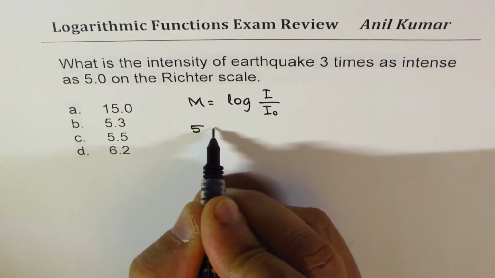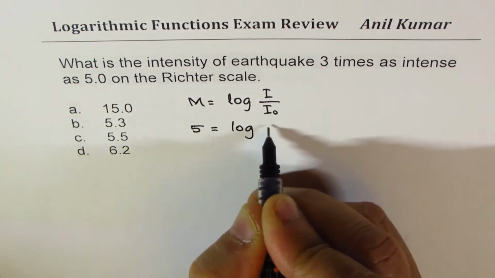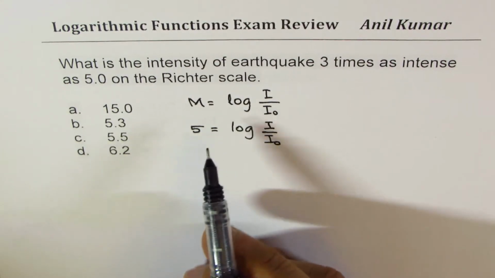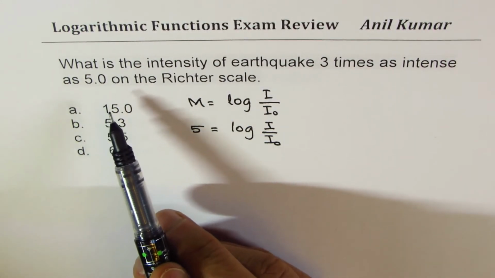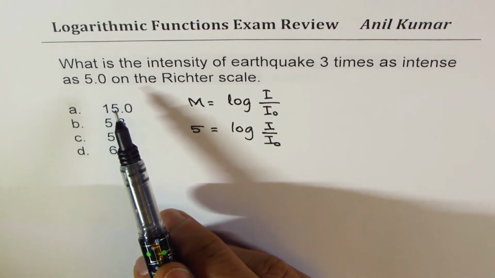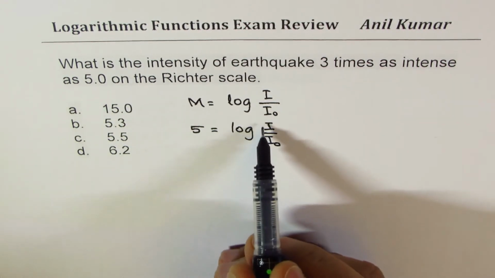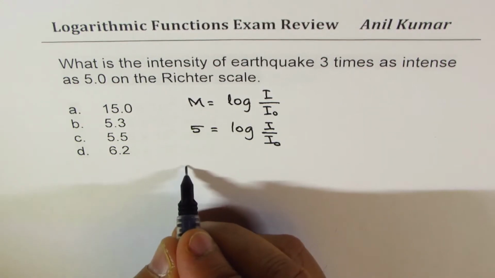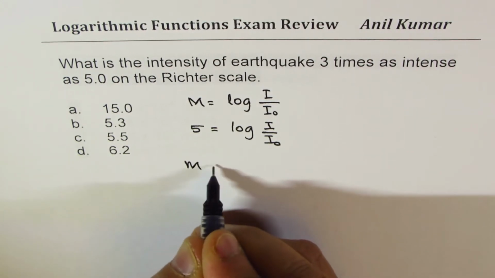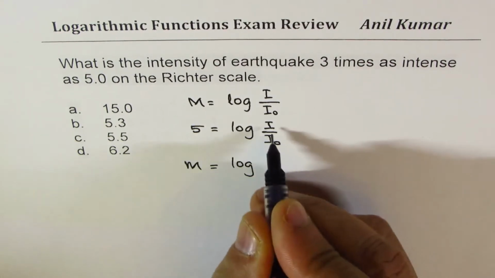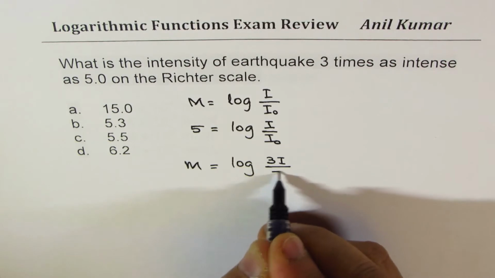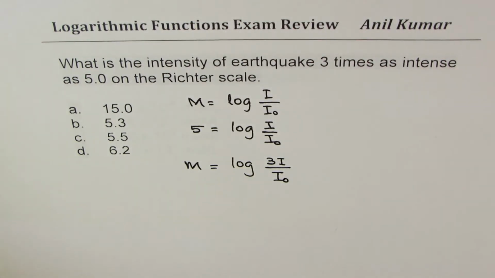So let me write this as 5 is equal to log of I over I0. Now we want the intensity which is 3 times that. So 3 times means I'll change this I with 3 times I. So we need to find the value of M where the intensity is 3 times this intensity.